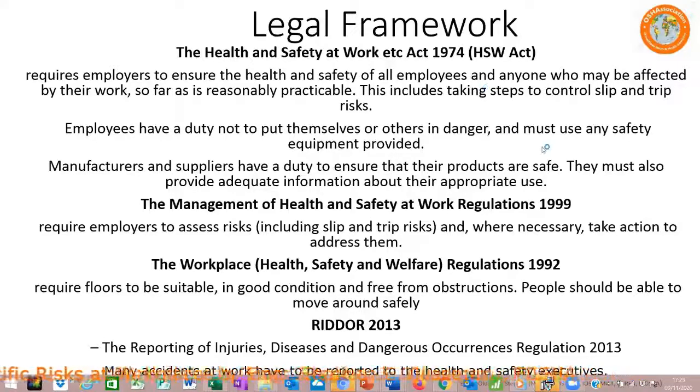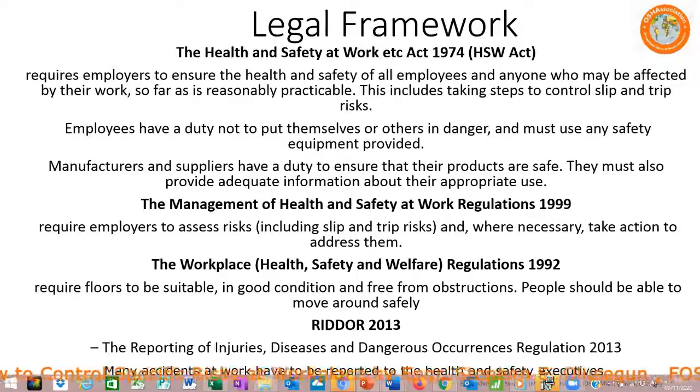Looking at the United Kingdom, there is a very singular health and safety regulation as far back as 1974. It's very essential. It requires employers to ensure the health and safety of all employees and anyone that may be affected, as far as is reasonably practicable, must be controlled. So this includes control of slips and trips at work.